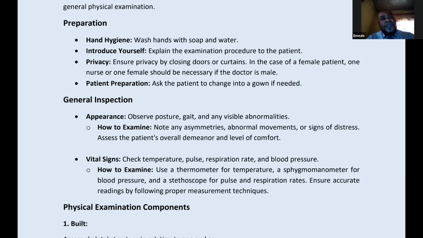If you are a female and you want to examine a man, you should call in a male person to be in that place while you examine the patient. So please make sure that all of these are in place before you start.